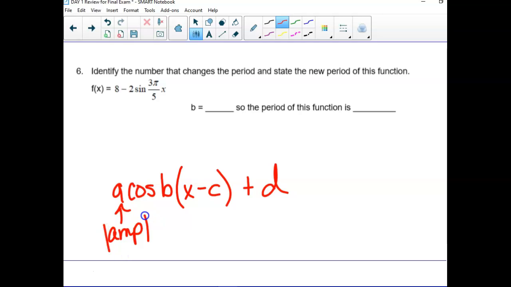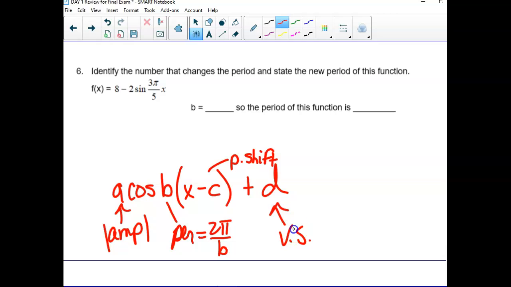If there was a negative there, you would take the absolute value. B changes the period, but the new period is 2 pi over B. C is a phase shift, left or right. And D is a vertical shift. Okay, so which one is affecting the period?